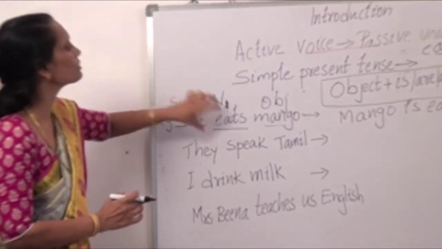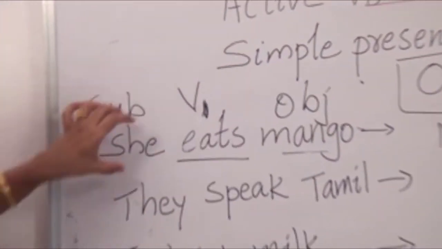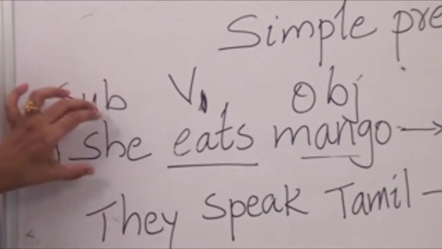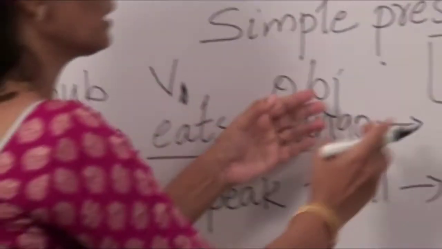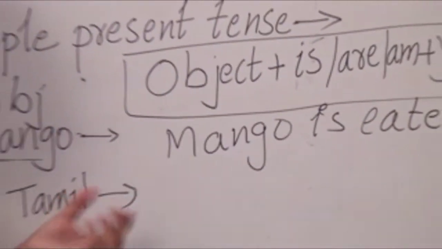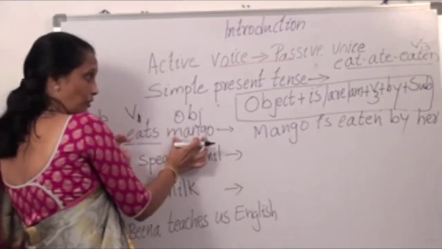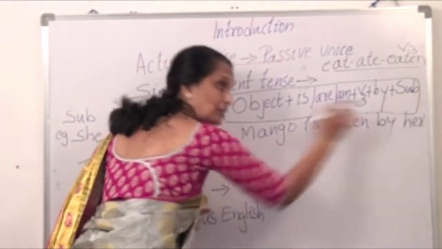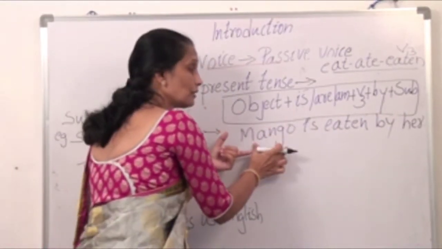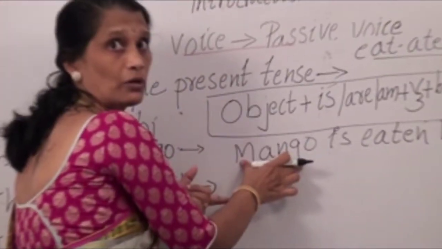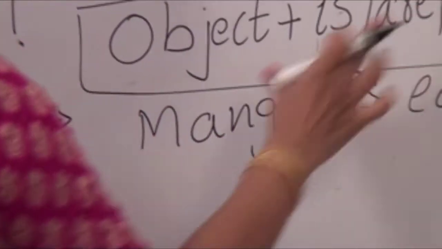Here she is responsible, so she is at the beginning, and this is active voice. But when the object comes to the beginning, the object becomes the subject of the sentence. So we are giving importance to the object now. This type of sentence is called passive voice.